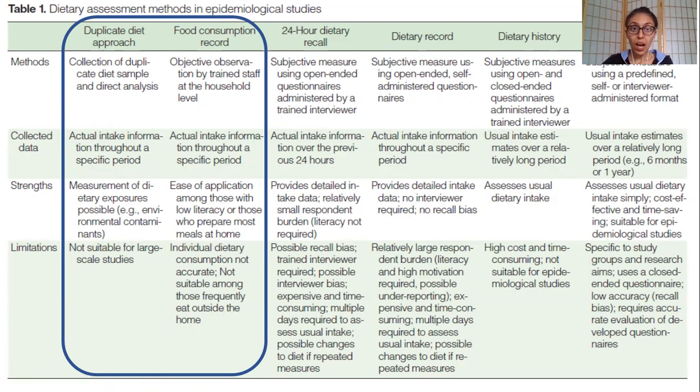Okay. Then, I just want to highlight this point: measurement of dietary exposure to possible environmental contaminants, and so on. For the food samples which we had collected, my first master's was in food science, so that is what I did: analysis of the carbohydrate, protein, fat, and micronutrients in the laboratory.